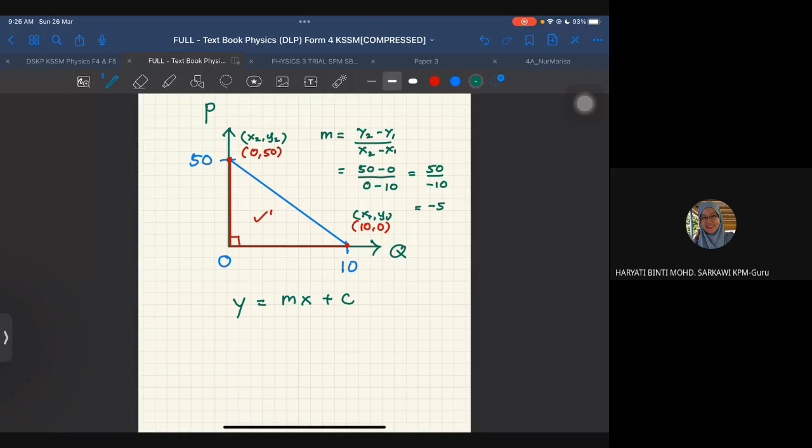Since we have p and q, we should not use x and y anymore. Change it. So y changes to p, and x is q. Then m, the gradient, is negative 5. Then the y-intercept is positive 50.